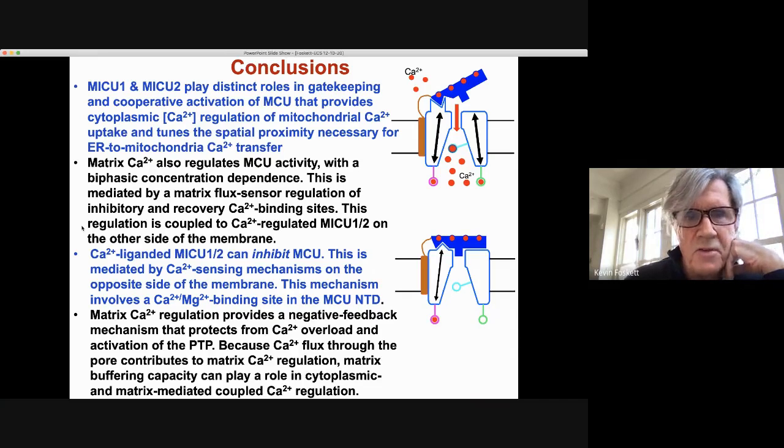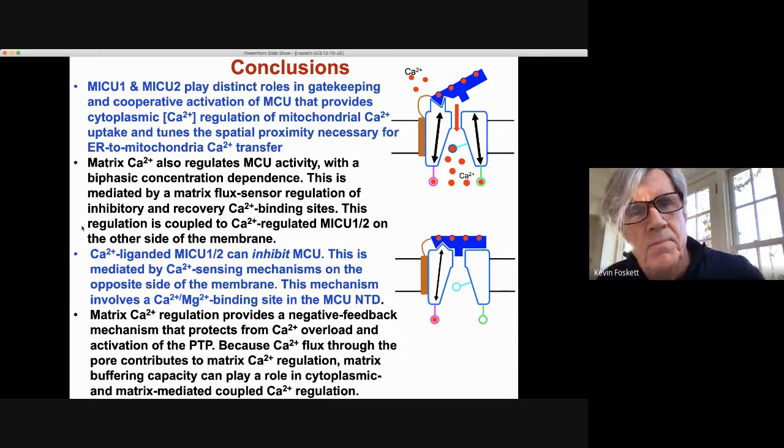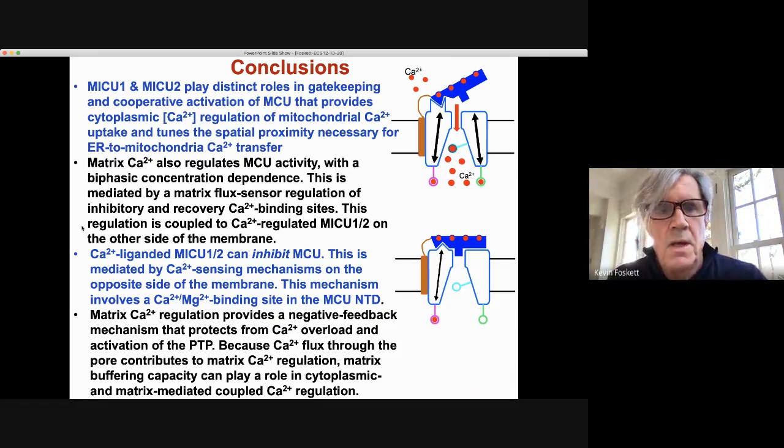But matrix calcium also regulates MCU activity, mediated by what appears to be at least 2, 3, maybe calcium binding sites in the matrix. And this regulation is coupled to the calcium regulation that's mediated by MICU1 and MICU2 on the other side of the membrane.